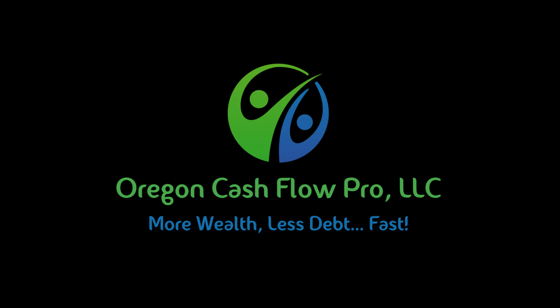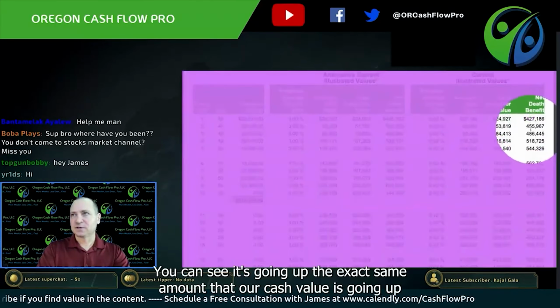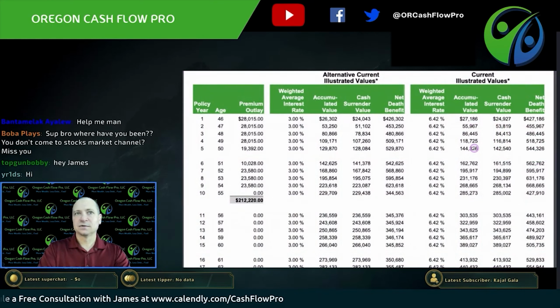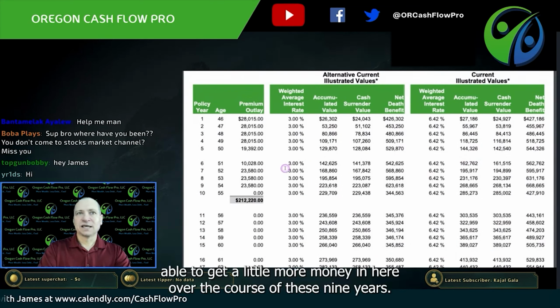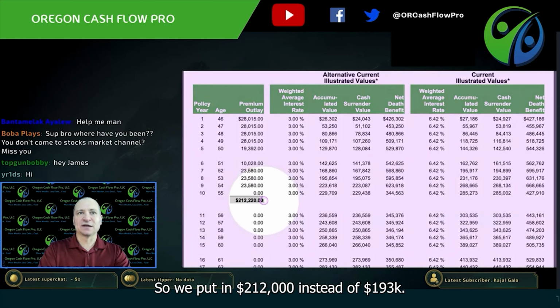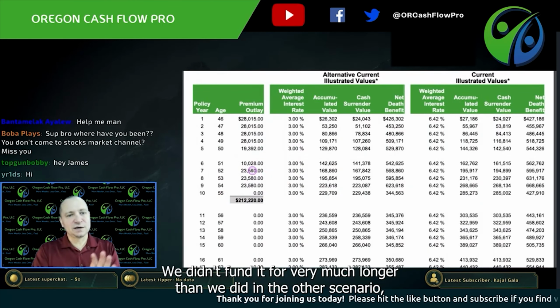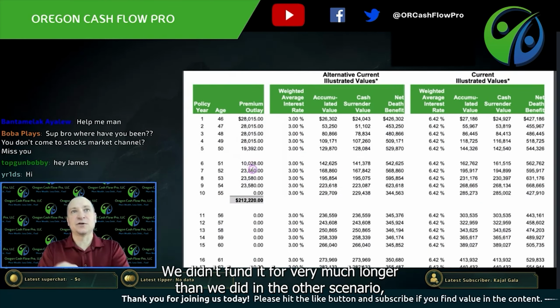Number 2, we're going in reverse order here. This is our increasing death benefit, guideline premium test. Increasing death benefit, you can see it's going up the exact same amount that our cash value is going up. And we're able to get a little more money in here over the course of these 9 years. So we put in 212,000 instead of 193. So we got a little bit more money in, not for much longer. We didn't fund it for very much longer than we did in the other scenario.